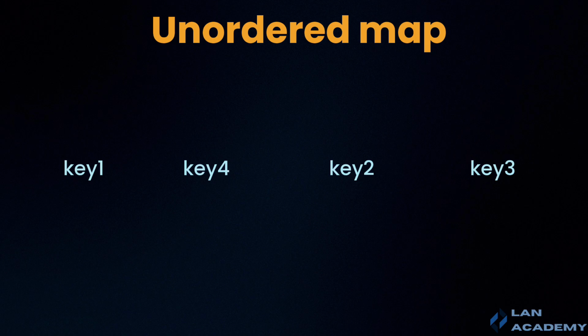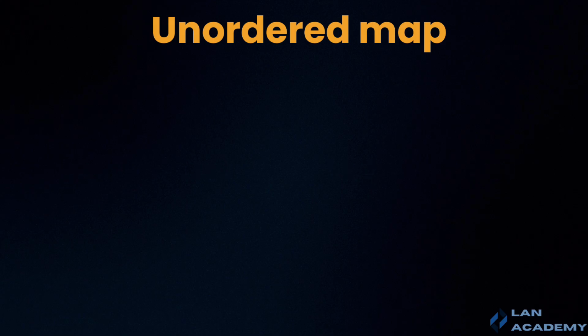If we needed an ordered collection, we could use map. Elements in an unordered map aren't stored in a specific order. The order in which the elements are accessed can vary and doesn't follow the order of insertion. Using this library is very efficient for situations where we need to search or insert elements quickly based on a key.